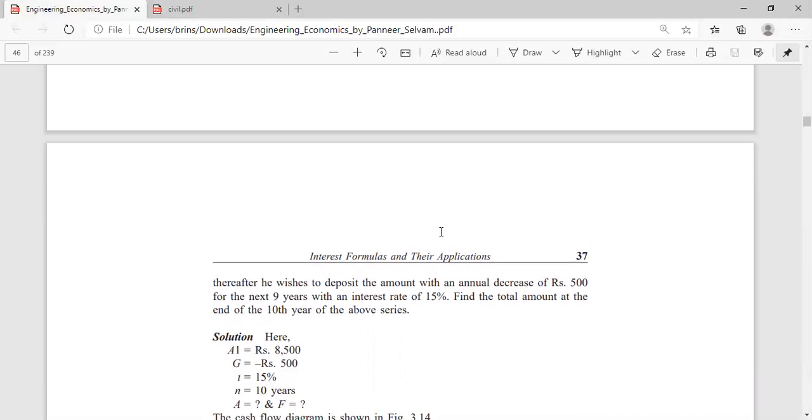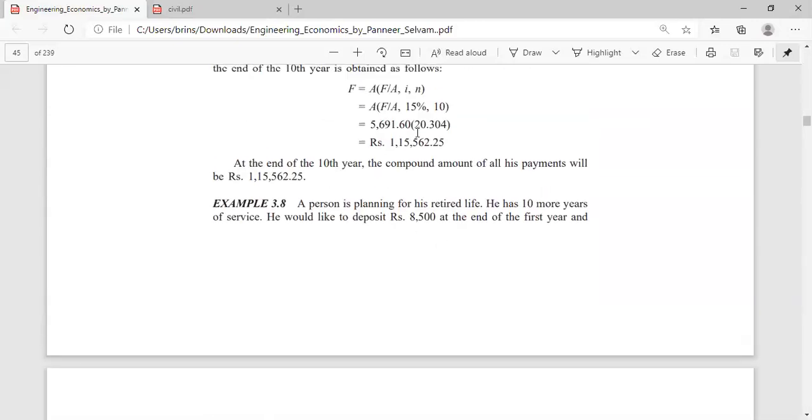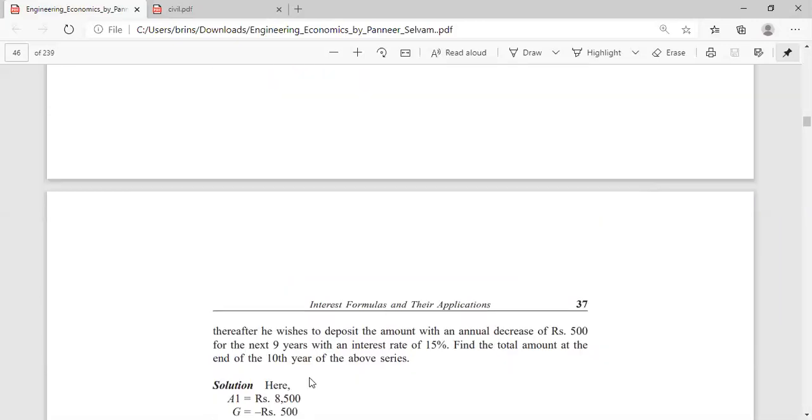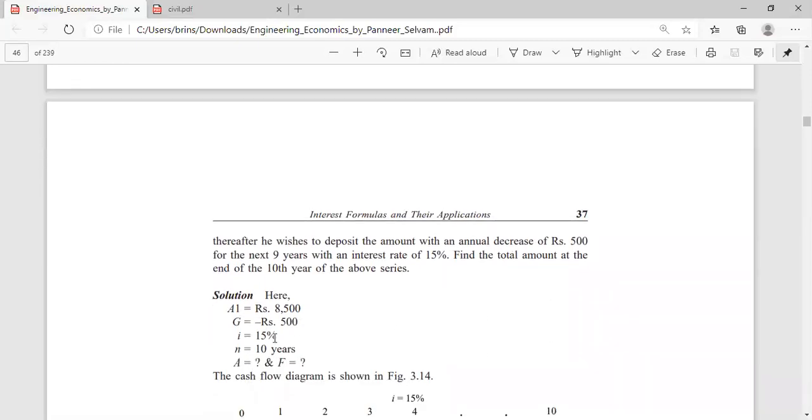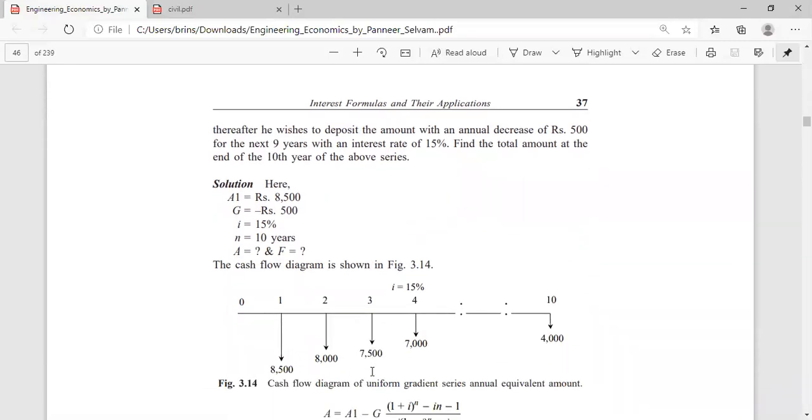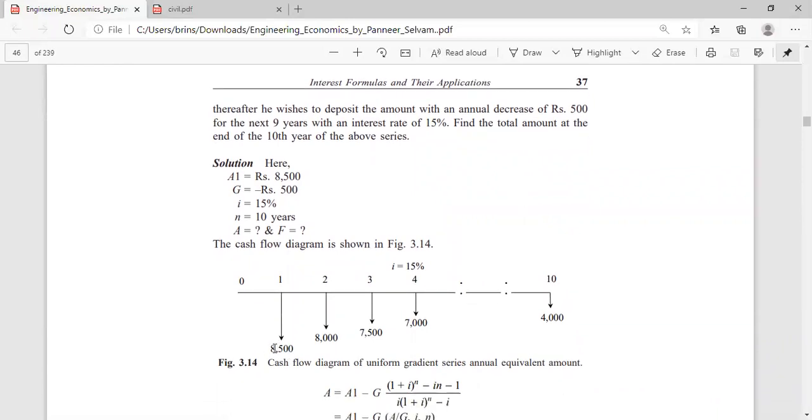Here they have mentioned it as a decrease, so you can proceed with the same kind of procedure as mentioned earlier. But here the given value is a decrease of 500, so you can take G as minus 500 rupees. You are supposed to have 8,500 first, and then 8,500 minus 500, then minus 1,000, and it goes on till the 10th year.